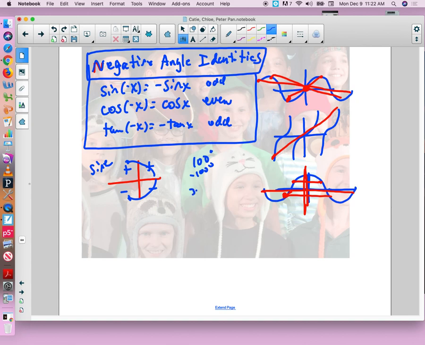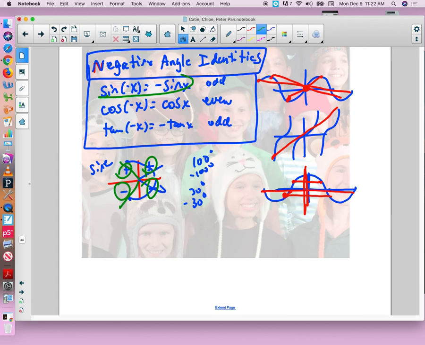If I take 30 degrees, it lands here. Negative 30 degrees lands here. What do you notice about the signs of an angle and its opposite? They're different, aren't they? So that's why I said this. Does that make sense? Just my way of telling you f of negative x equals negative f of x, if you sort of remember that lingo.